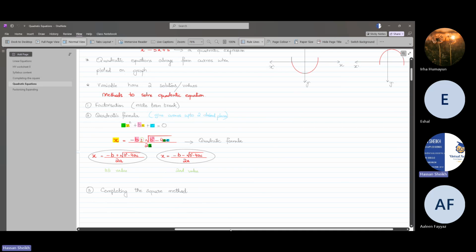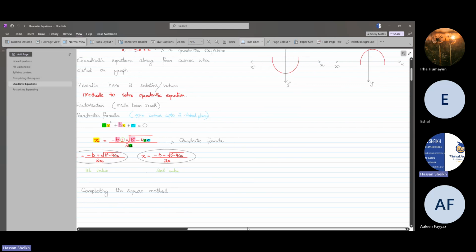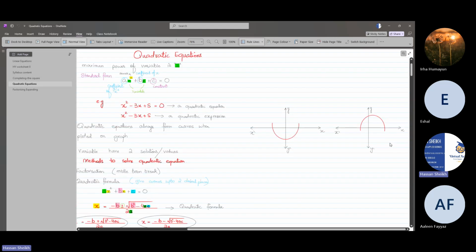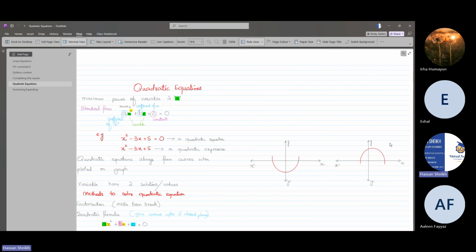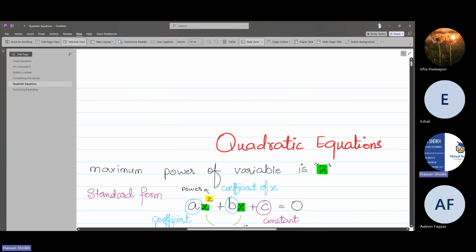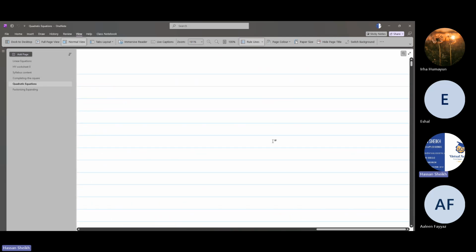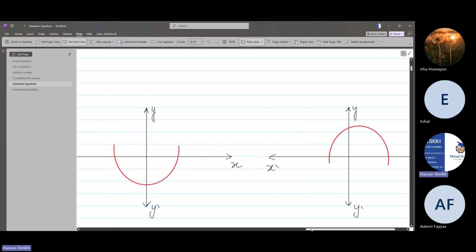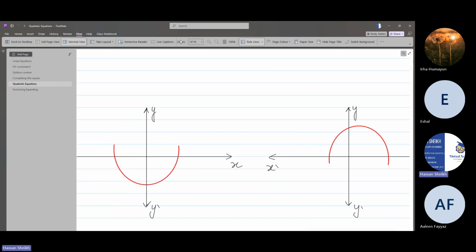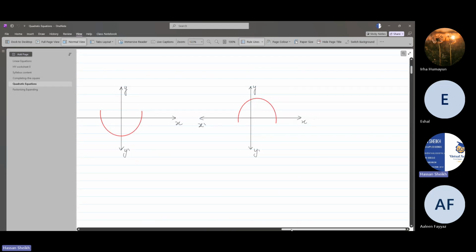And do you all understand that we identify a quadratic equation with the maximum power of variable as 2? So when there is a maximum power of variable 2, we call it a quadratic equation. And quadratic equations always form curves when they are plotted on the graph like this one. This is how quadratic equations look when they are plotted on the graph.